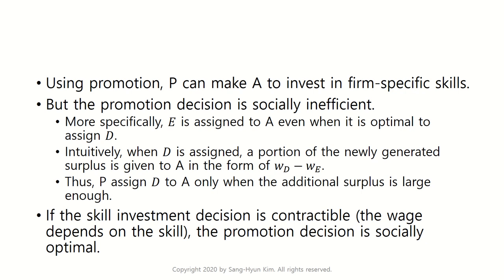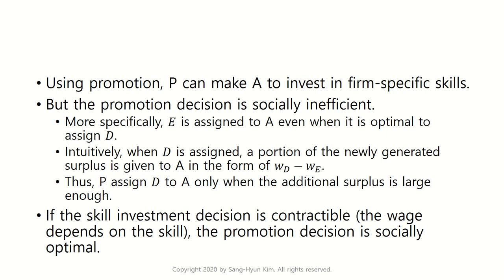Intuitively, when the difficult task is assigned, a portion of the newly generated surplus is given to the agent in the form of the wage difference. Thus, the principal assigns the difficult task to the agent only when the additional surplus is large enough. If the skill investment decision were contractable, the promotion decision would have been socially optimal, but that was not the case. So we have this inefficiency.